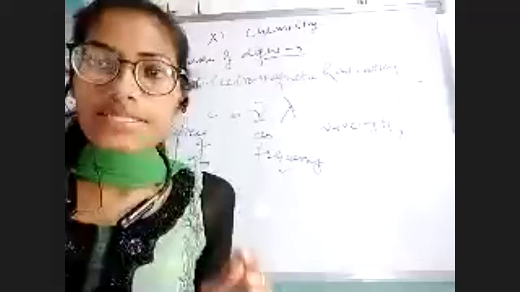So just to give that scientist the honor, we have given the unit of frequency the name hertz. And the last one is wavelength, lambda. Its unit is just the same as the unit of length, so its unit must be meter.